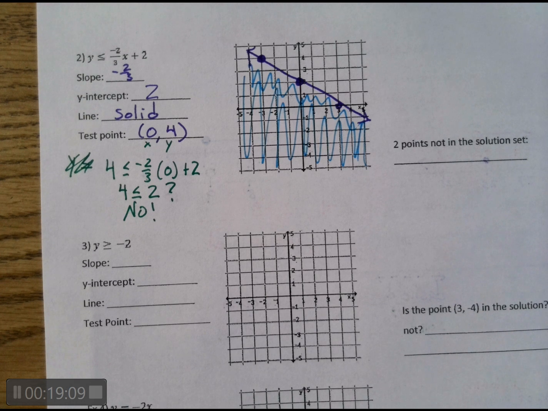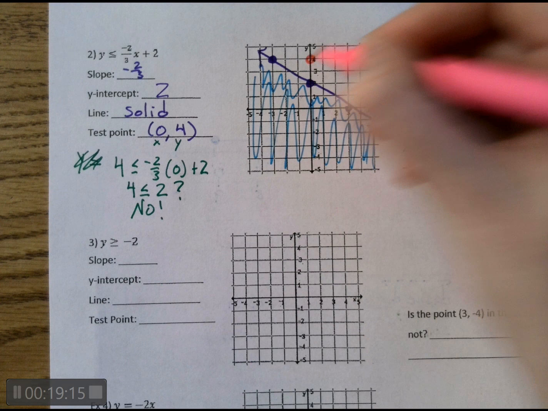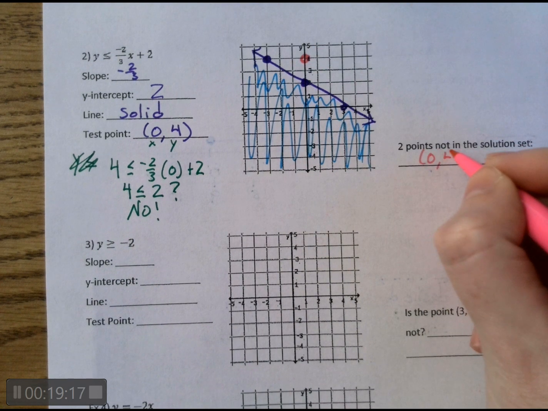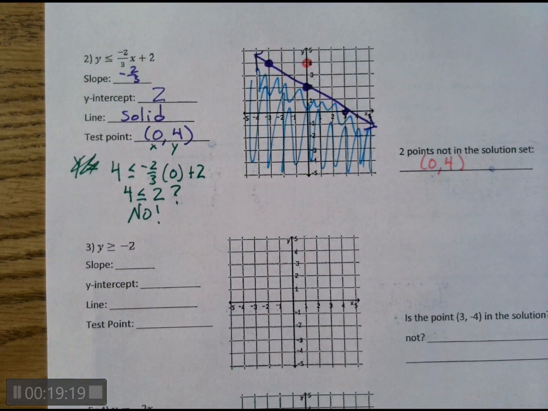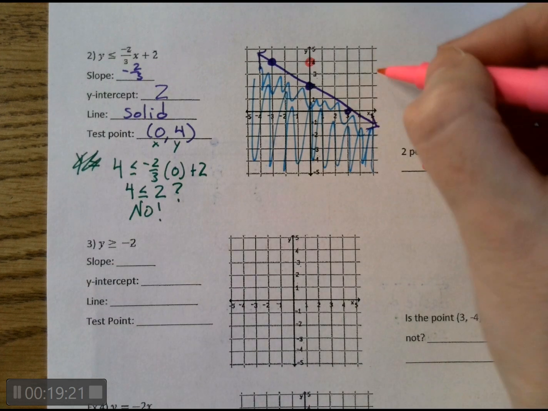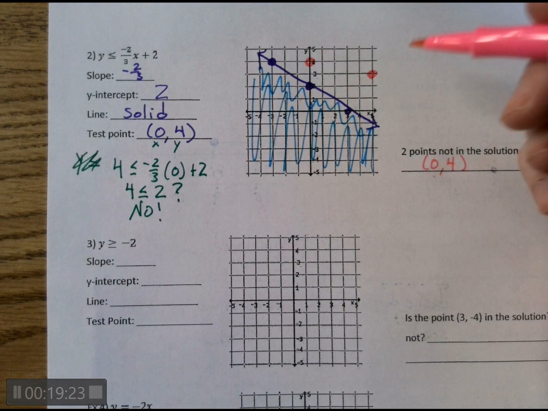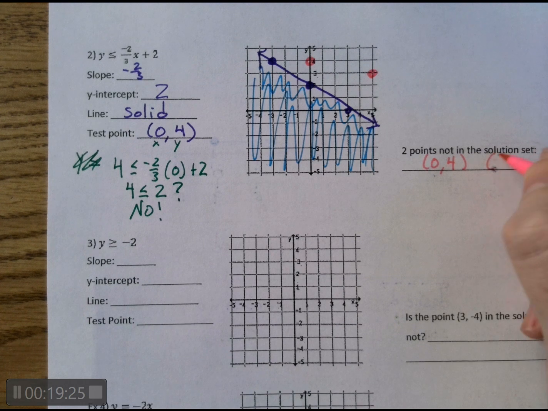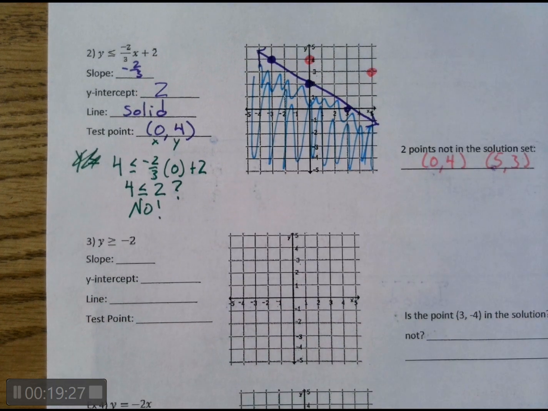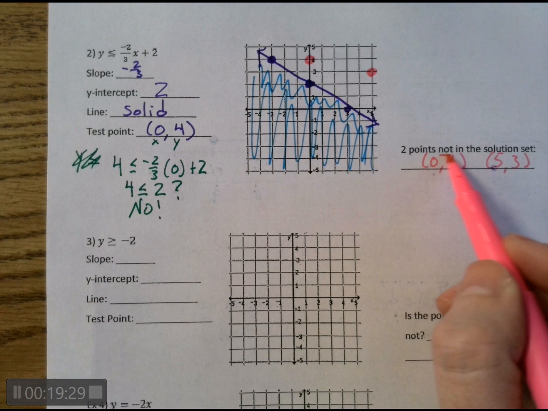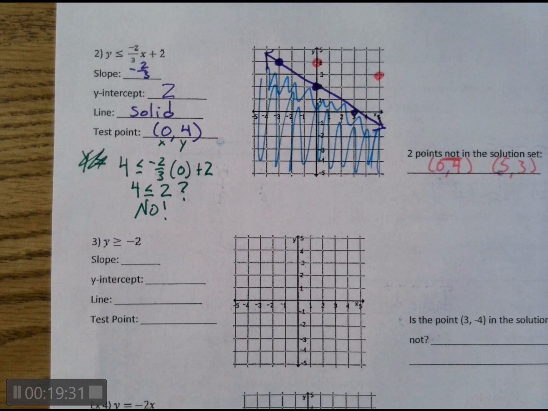So now, 2 points that are not in the solution set. Well, our test point wasn't, so we can say 0, 4. And we can also say this point right here, which is 5, 3. 5, 3 are not in our solution set.